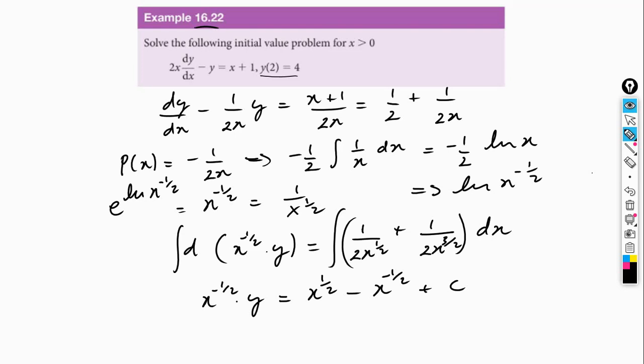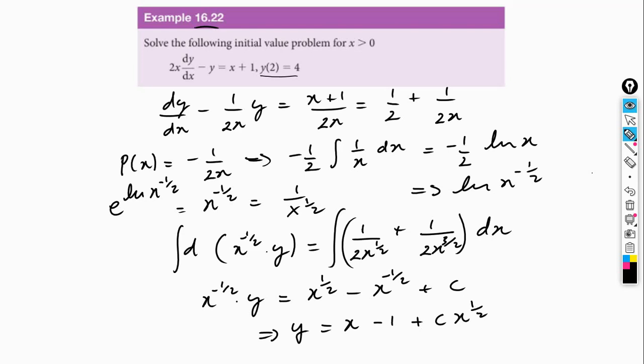Divide both sides by x to the minus 1/2. We would get then that y is equal to x minus 1 plus c times x to the 1/2.